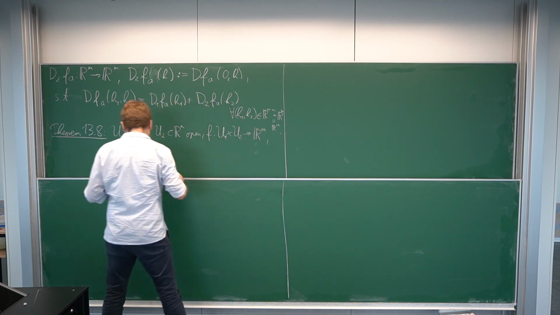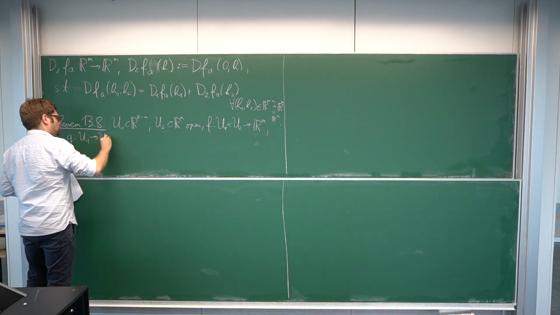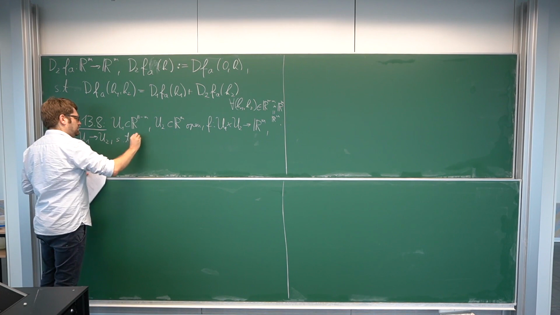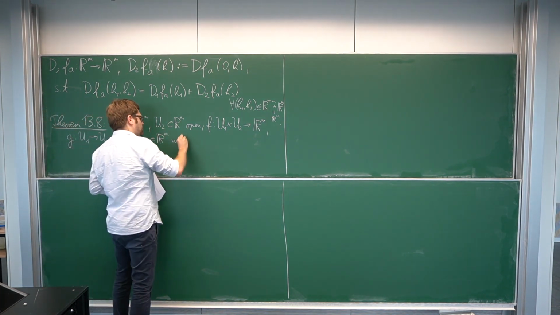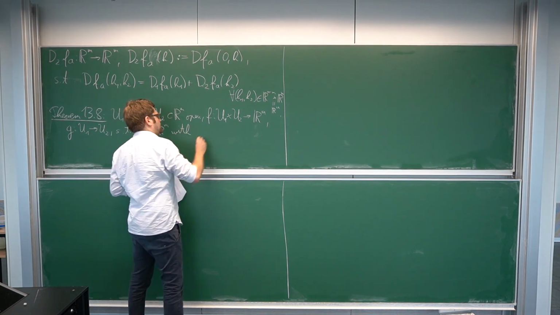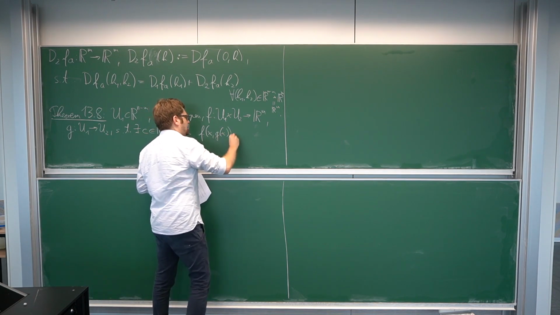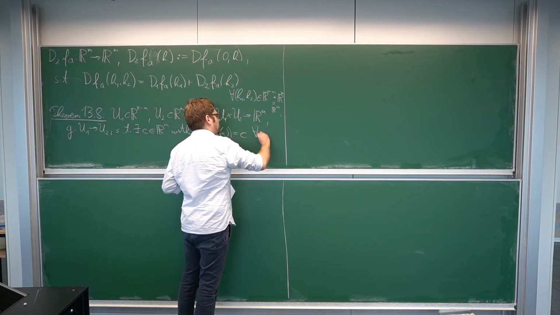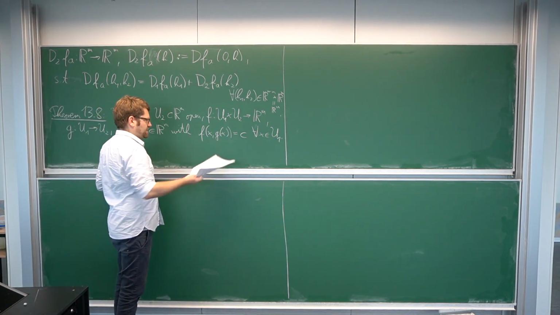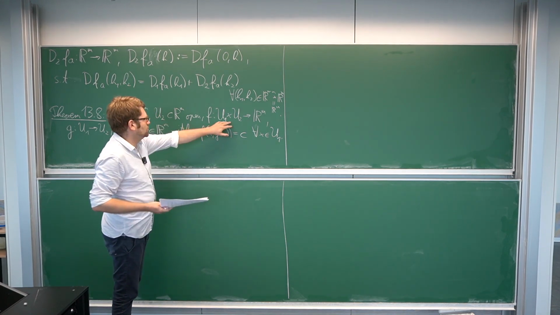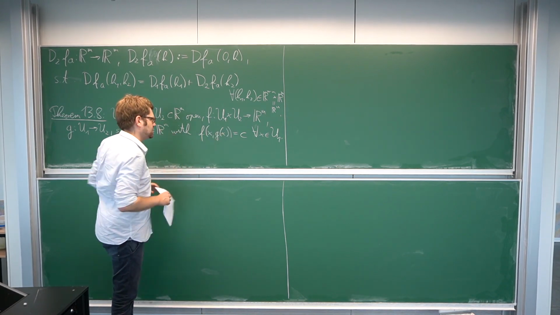Assume we have g from U1 to U2 such that there exists some fixed c in R^m with f of (x, g(x)) equals c for all x in U1. So we have resolved this equation f(x, y) equals c in these open subsets U1 and U2, by finding such a g.